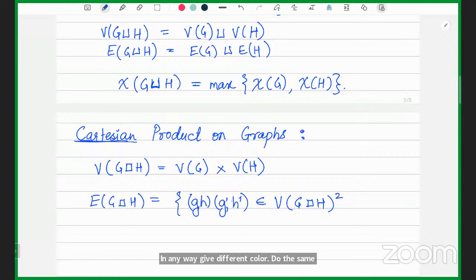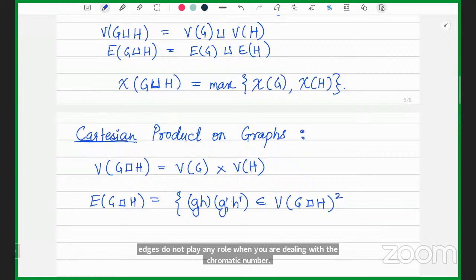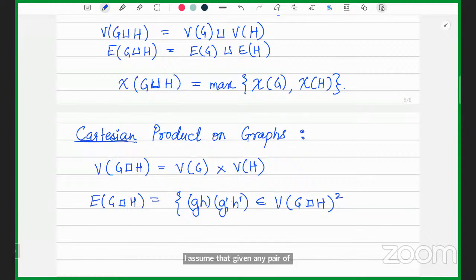Okay, it's redundancy. So all my graphs are without loops. And since multiple edges do not play any role when you're dealing with the chromatic number, I assume that given any pair of vertices, there is at most one edge. So I'm avoiding the multiple edges as well.